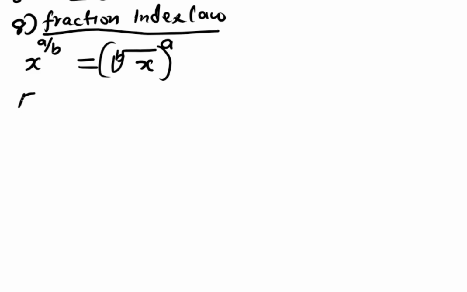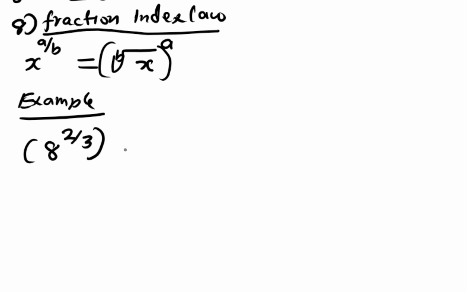Let's take an example. When you have something like 8 raised to the power of 2 over 3, this is the same thing as the third root. Your 3 comes here, you open up, then your 8 comes here in a bracket, and then the numerator you put here as the power.